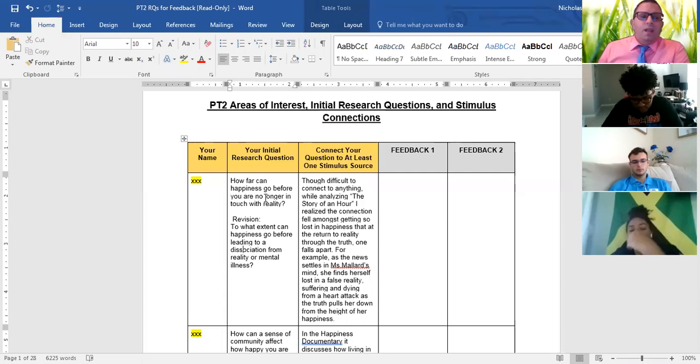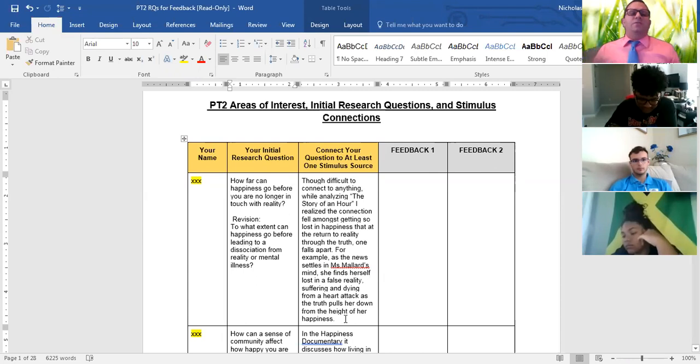Okay. Now, the other thing that you should think about once you have a research question, because a lot of you were also struggling with how to tie it into something from the stimulus packet, is to ask yourself, how can I connect this question specifically to something from the stimulus packet?